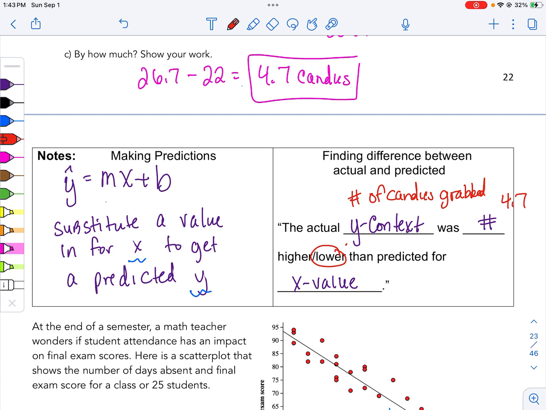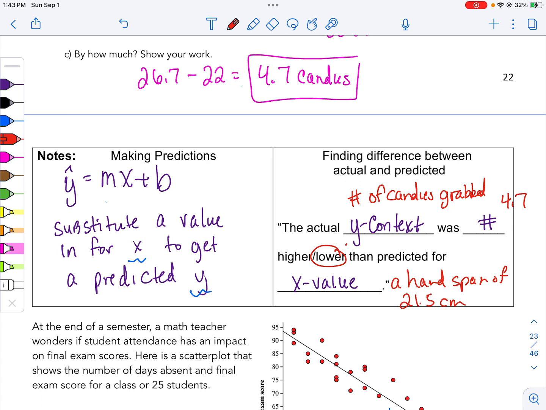What did the x value represent? We can say for a hand span of, and mine was 21.5 centimeters. So the sentence is: the actual number of candies grabbed was 4.7 lower than predicted for a hand span of 21.5 centimeters.